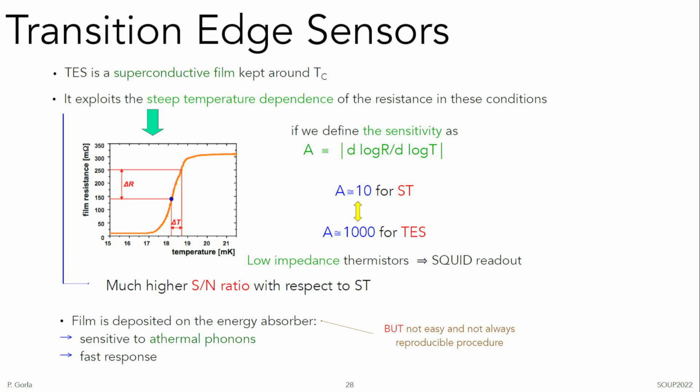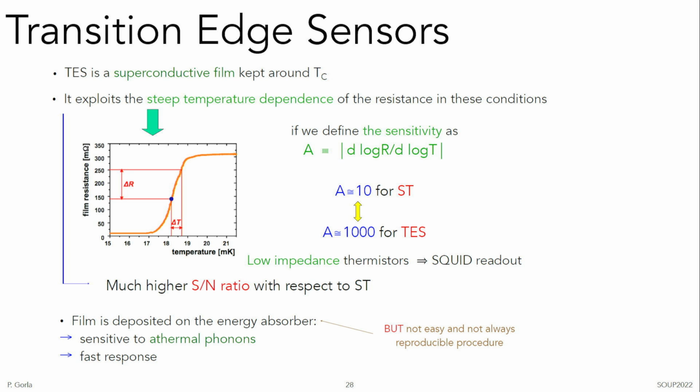The other disadvantage in some ways is that you cannot easily glue the sensor on the absorber. You need to deposit a superconducting film on your absorber. So this is subject to the chemistry or mechanical characteristics of the different absorbers with respect to the sputtered or evaporated superconductor.